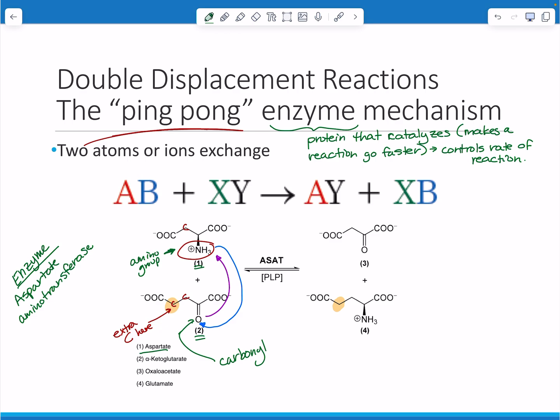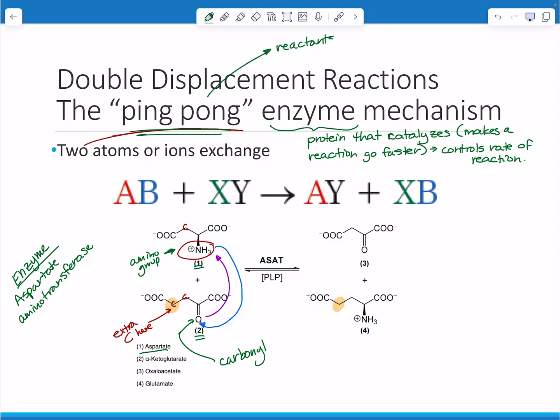Now, where the ping pong in the name comes into play is not in what reaction is happening, but how the reaction happens. When you see an enzyme that has a ping pong mechanism, what that means is that the reactants don't bind or stick to the enzyme at the same time.